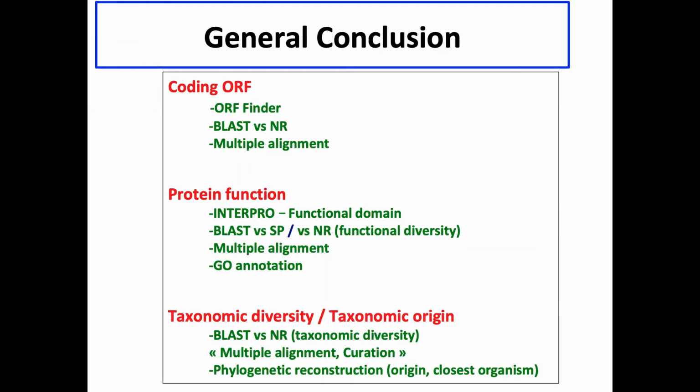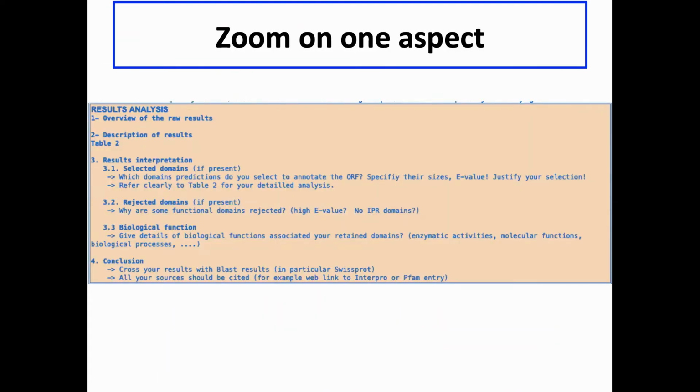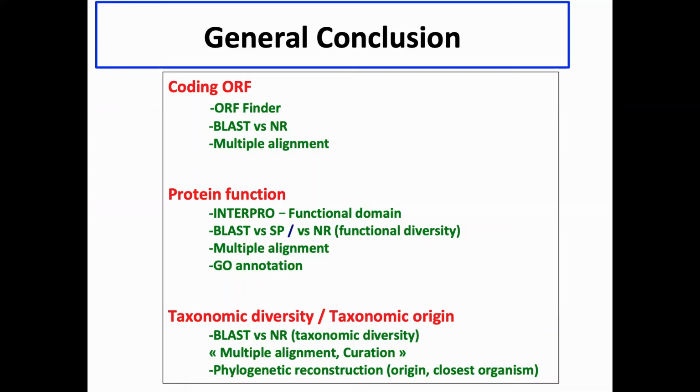So you can do that, you should do that for each item: open reading frame, domain analyzers, BLAST, taxonomic diversity, phylogeny, and so on. And then at the end, you have the general conclusion of your analysis. And then here, the 3 main objects of the annotation is the coding open reading frame.